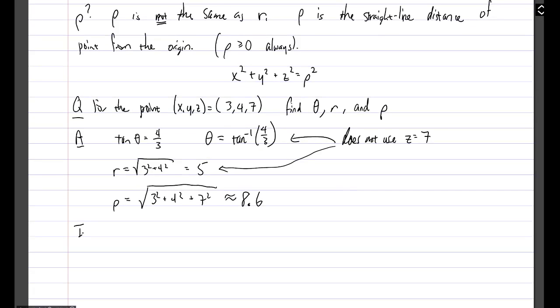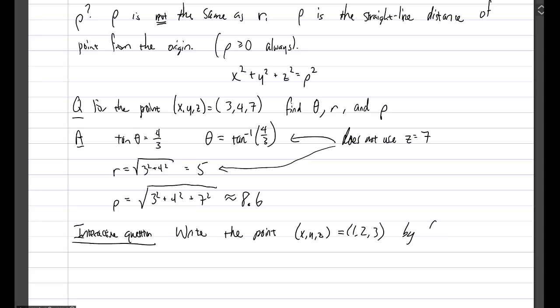Time for the interactive question. Write the point x, y, z equals 1, 2, 3 by finding cylindrical coordinates, that is, find z, r, and theta.